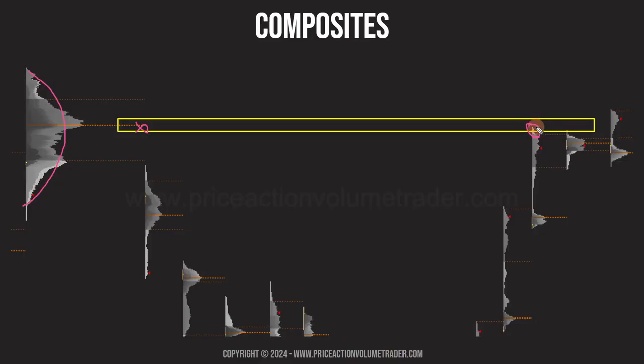And once we hit this area, you can see how the market cools down and calms down a bit, and we start trading within this value area from the composite over here.